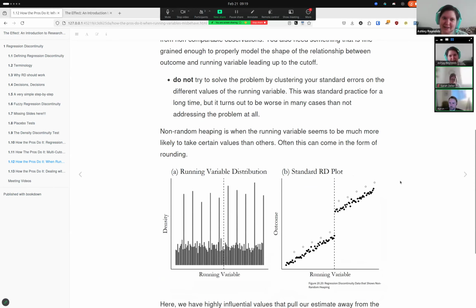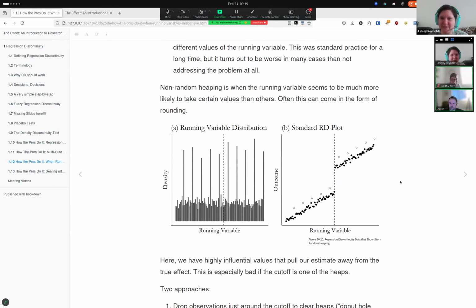The other issue we have is non-random heaping. You can see it here in figure 20.20 where we have really noticeable peaks of density of our running variable at certain values. This often comes in the form of rounding, so you can imagine that our running variable here is something like weight.